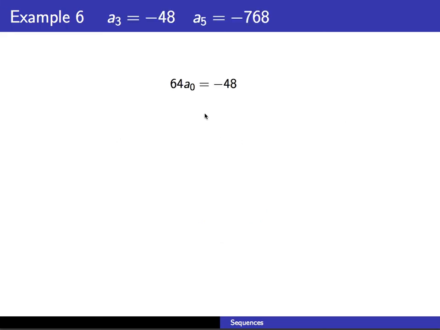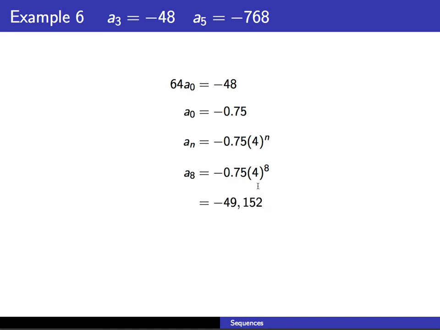So a sub 0 times 4 times 4 times 4 is 64 times a sub 0, which gives us our third term of negative 48, which means our y-intercept is negative 0.75. So we have our y-intercept of negative 0.75 times 4 to the n power, and negative 0.75 times 4 to the 8th power is negative 49,152.